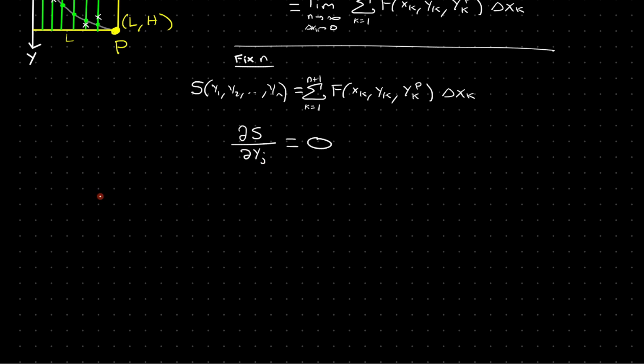In order to take these partial derivatives, we have to take the partial derivatives of this sum with respect to yj. Doing this, taking the derivative of this summation with respect to yj, will lead to the derivative of a finite sum, which is the same thing as that finite sum of the derivative of each individual term.